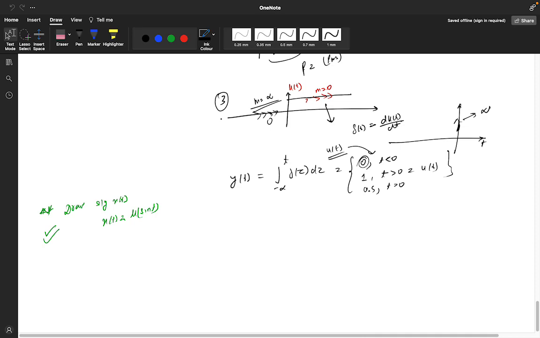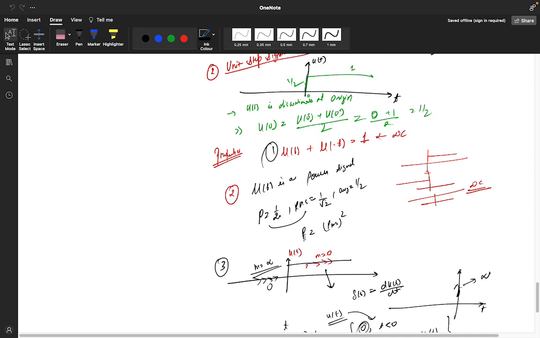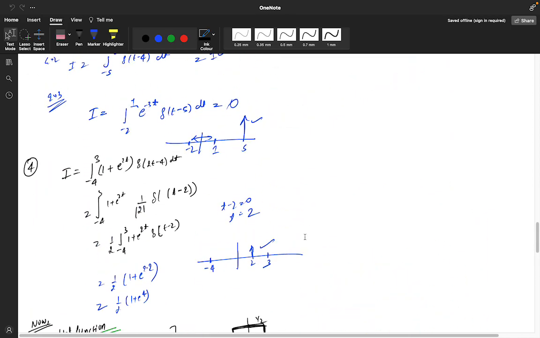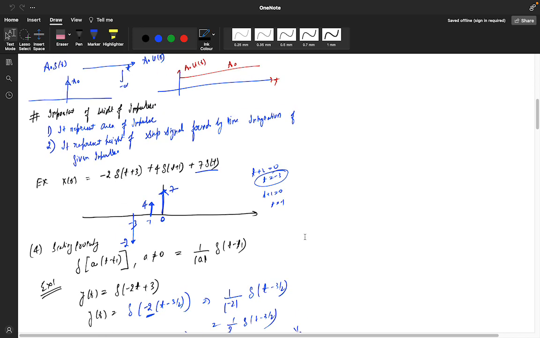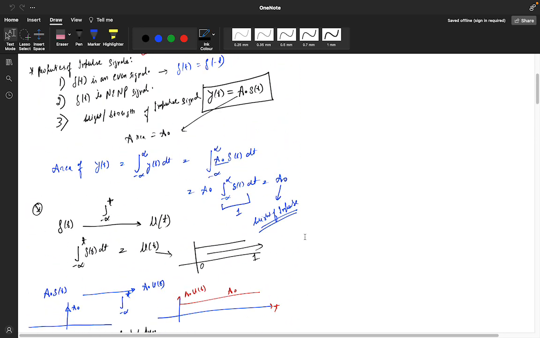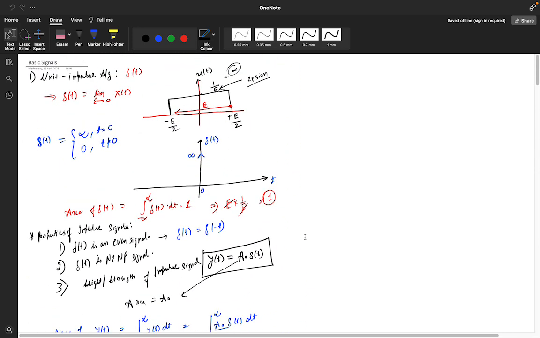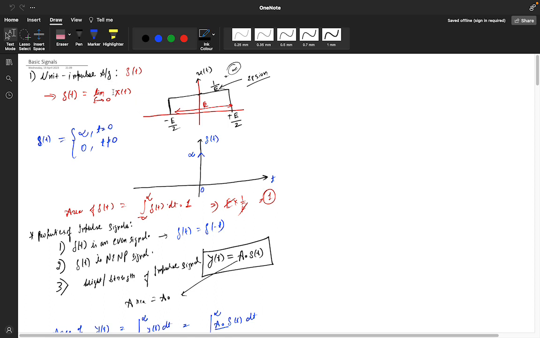See, basically, yesterday I told about the signals. I will do a quick revision. There is a unit impulse signal. The unit impulse signal can be represented like this: from minus e by 2 to plus e by 2, with magnitude 1 by e, where e tends to 0.